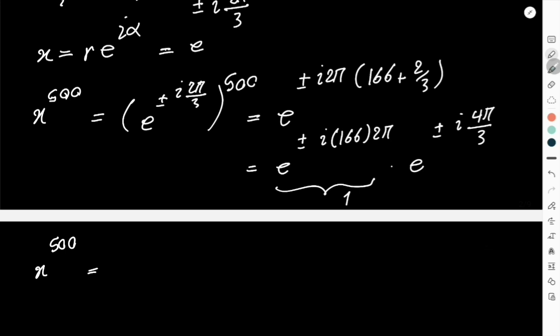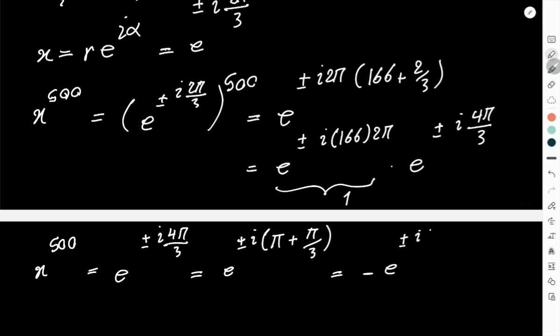So we can say that e to the power of plus minus i 4π over 3 is e to the power of plus minus i times (π plus π over 3), right? So e to the power of iπ, whether it is plus or minus, is always minus 1. So you get here minus e to the power of plus minus iπ over 3.